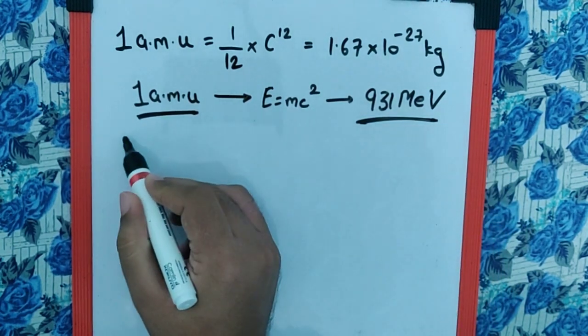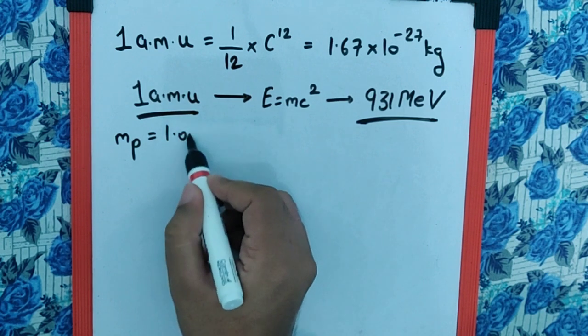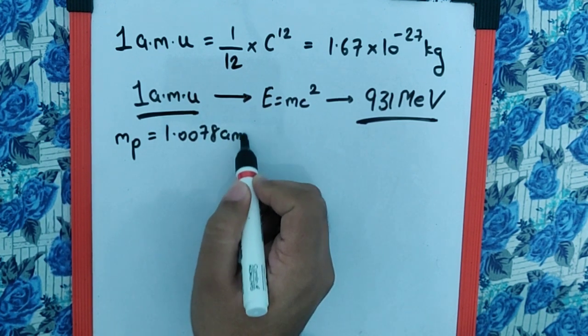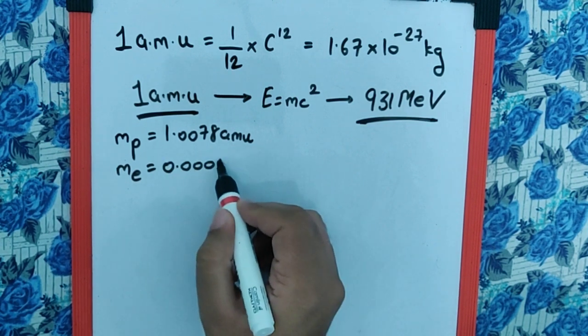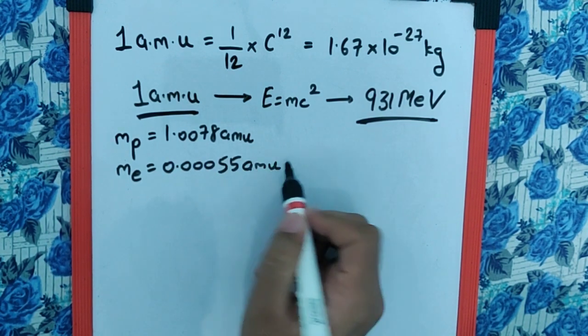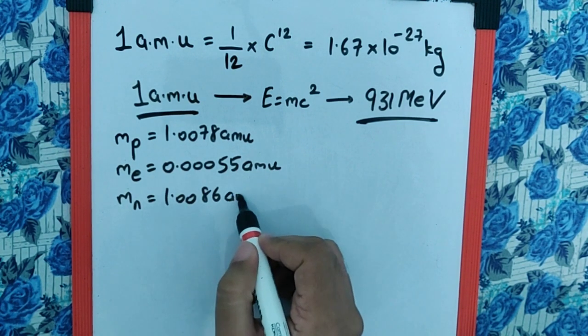Apart from this, using this atomic mass unit, we have the mass of proton as 1.0078 amu, mass of electron as 0.00055 amu, and mass of neutron as 1.0086 amu.